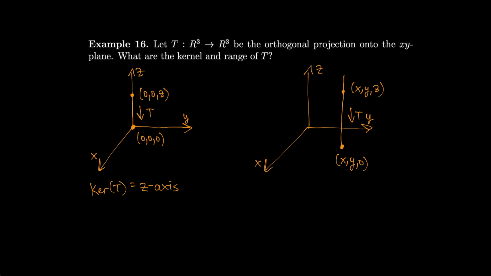It just drops the z. So these are all of the possible points that could happen, right? We just project downward. Maybe I'll draw it with something like this. So this is the range. It's just the xy plane. That's everything you can get. It all gets projected downward.